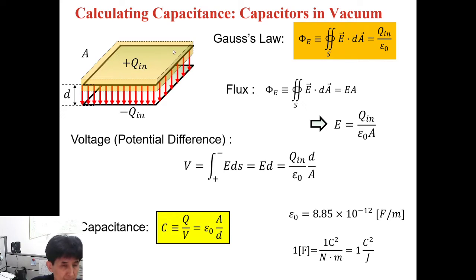We have an almost infinite plate of plus charge Q and another infinite plate with minus charge Q. If the distance between two plates, D, is much smaller than the dimension of this plate, in this case, we can apply Gauss law by assuming that the distance between the two plates is much smaller than the dimension of the side length of this plate.